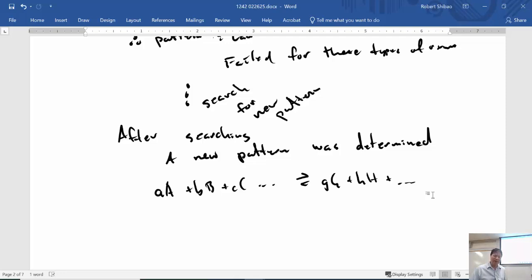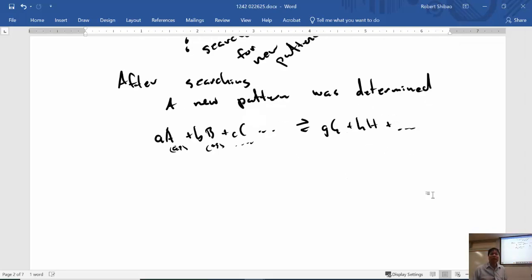And this is for aqueous species. The new pattern came out like this.